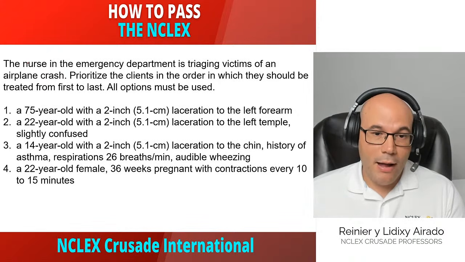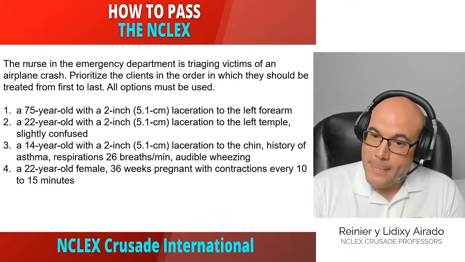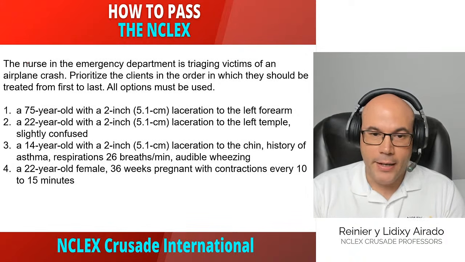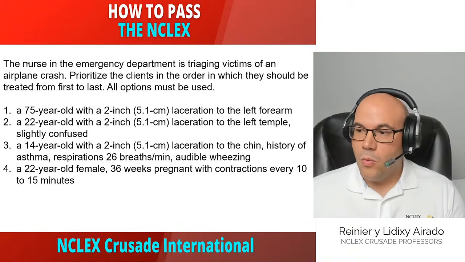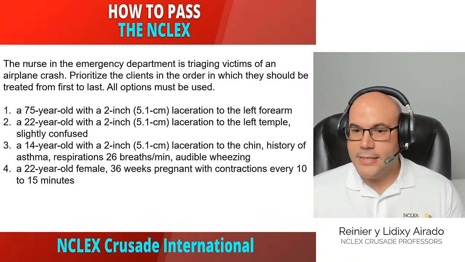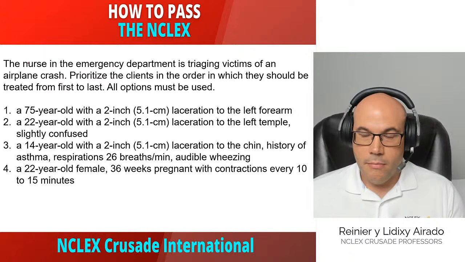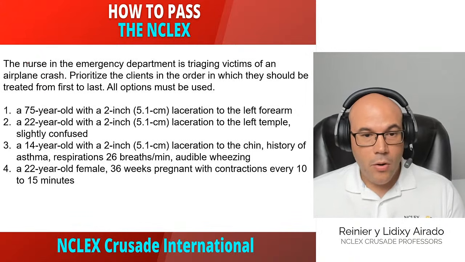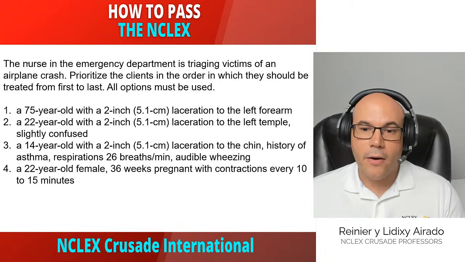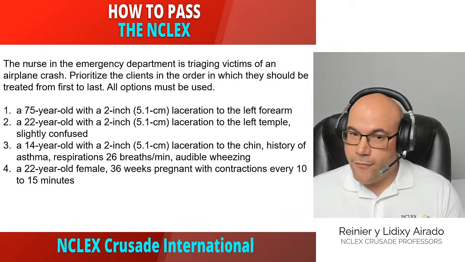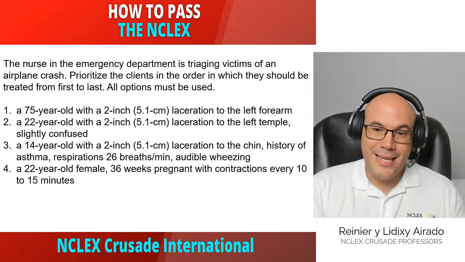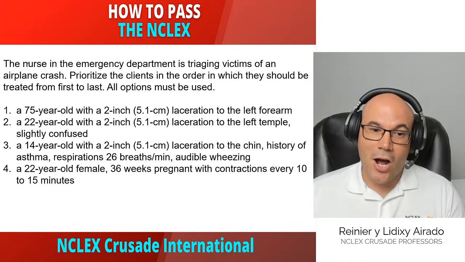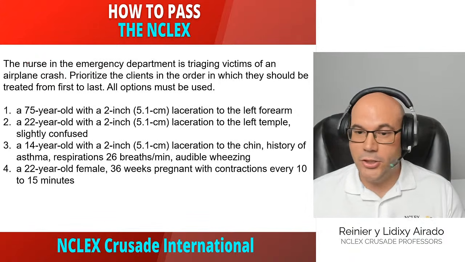And what patient will have the priority? Life-threatening condition with survivability. Then, what's going to be my next option? Maybe a patient that is more stable but needs emergent care. And I'm going to leave for last the stable patients or the patients that are expected to die.